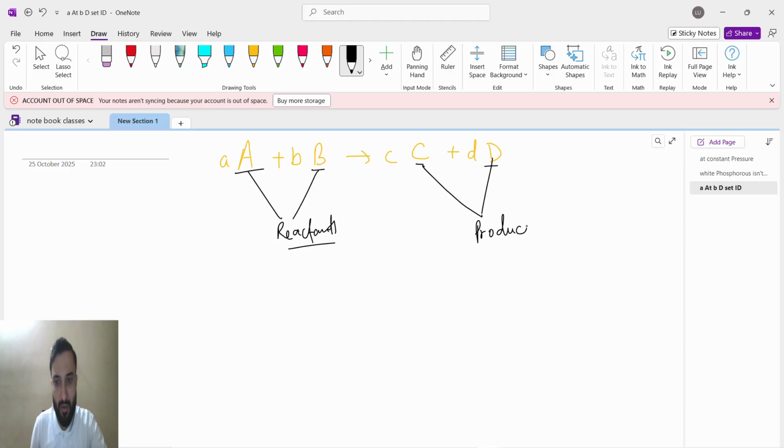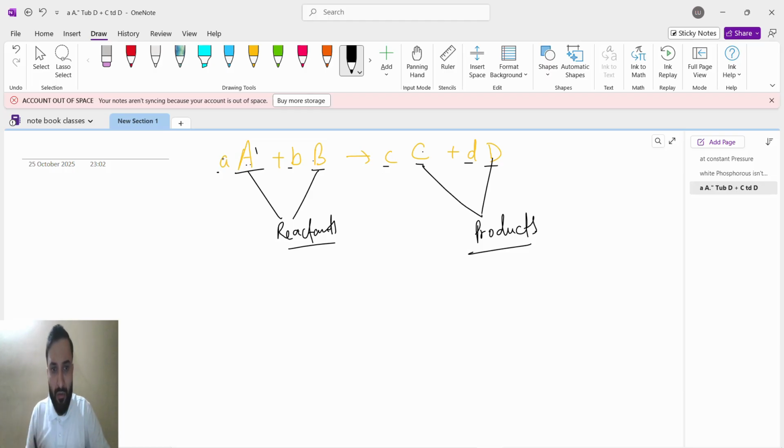A and B are the two reactants which react and give the products C and D. Small a, small b, small c, small d indicate the stoichiometric coefficients. It may be 2, 1, 3, any coefficient.